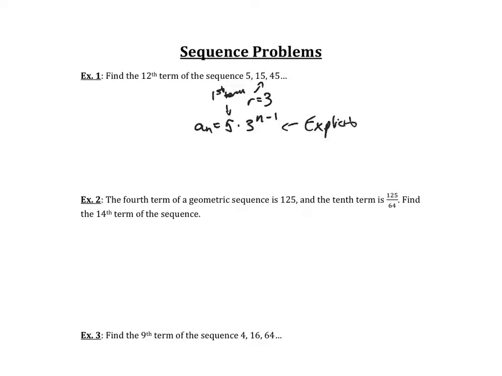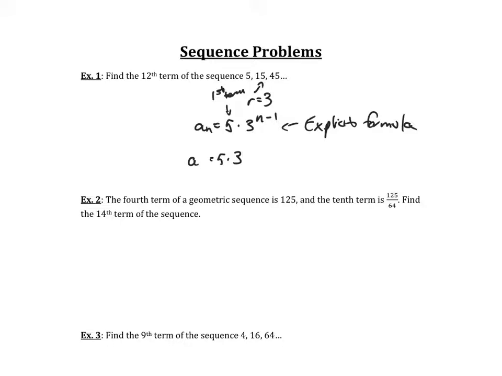And again, the nice thing about explicit formulas is that once you have the formula, you can use that formula to find any term in the sequence. So if I want to find the 12th term, I do a sub 12 equals 5 times 3. And let me actually do this just so I can really highlight things.